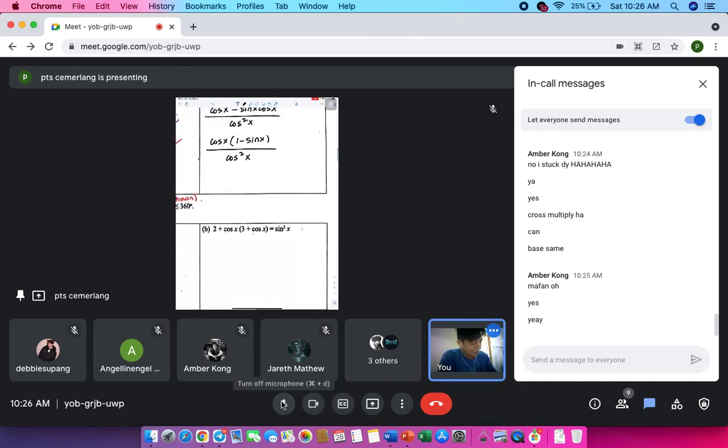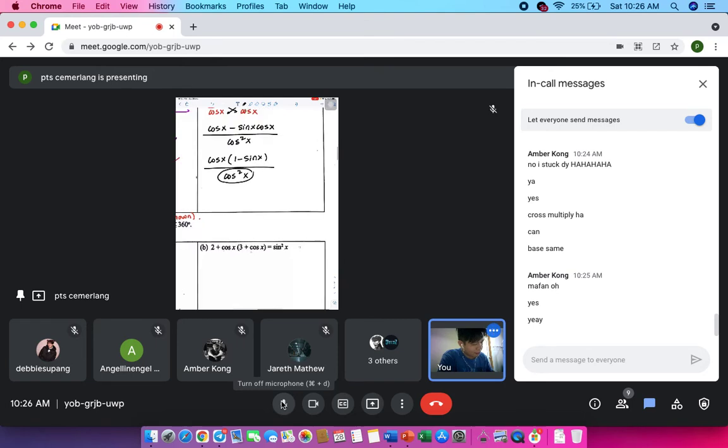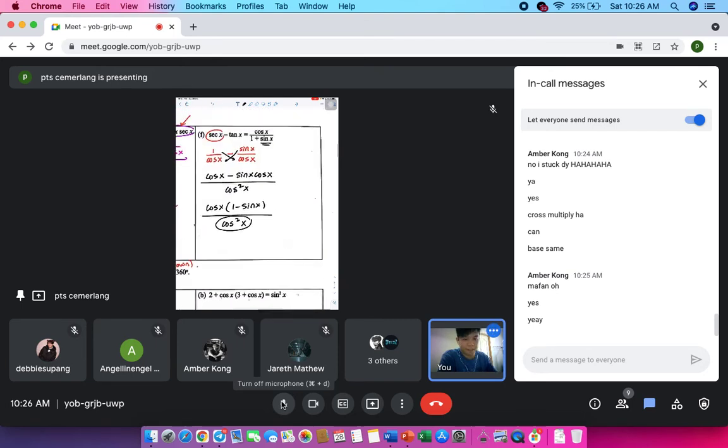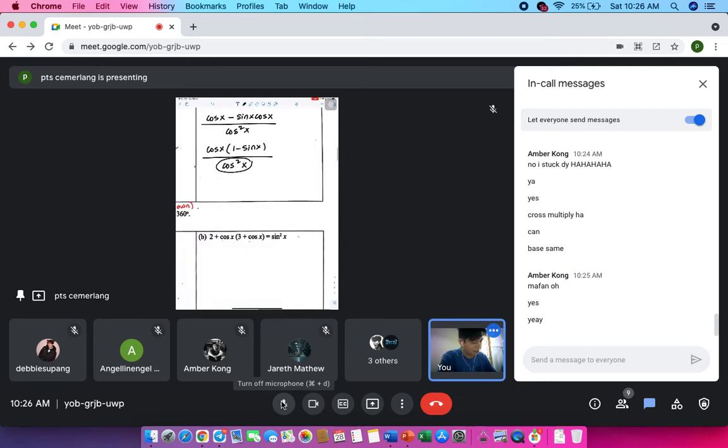Apa jadi? Cos square. Because down here is sine. Nampak? 1 plus sine. So over here, how to change cos square become sine? Cos x atas. Lepas tu 1 minus sine x. Bawah tu 1 minus sine square x. Correct?